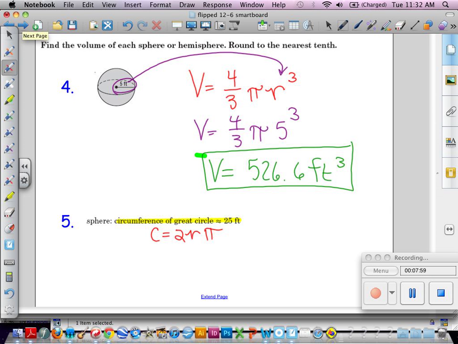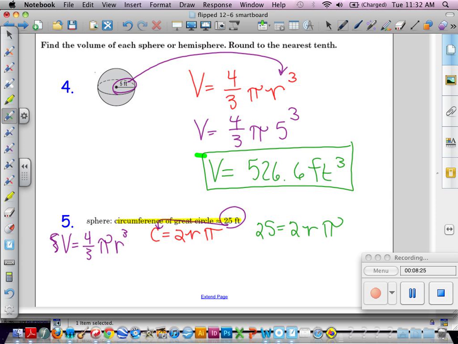I'm asked to find the volume, so I'm going to use 4/3 pi r cubed. So I'm going to have to take my 25, plug it in for my circumference, and then find my r. So 25 equals 2r pi.